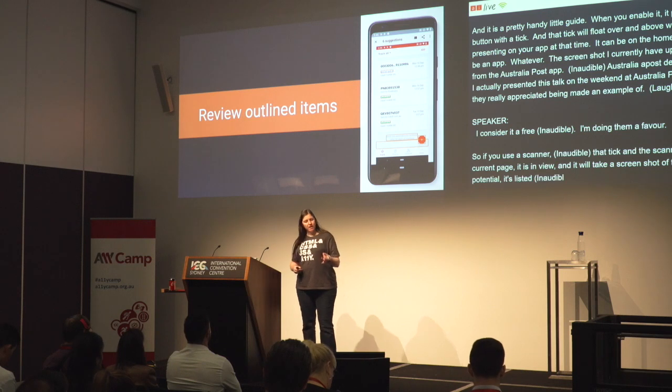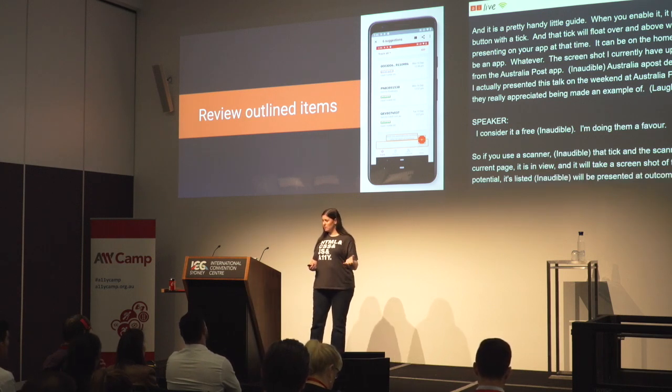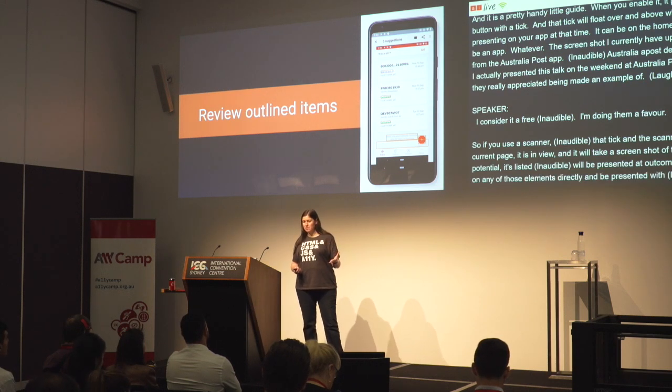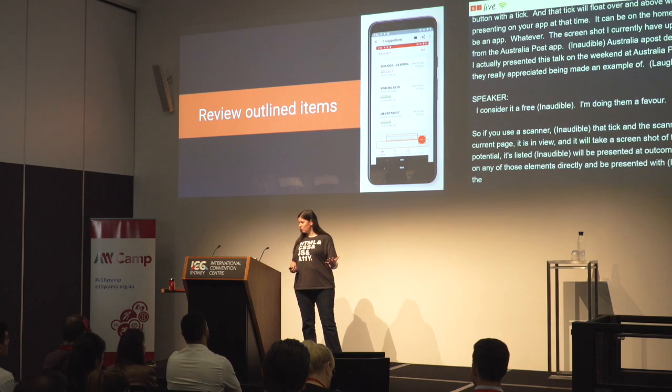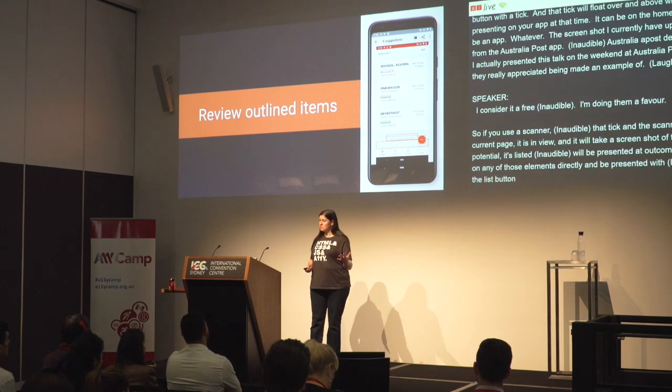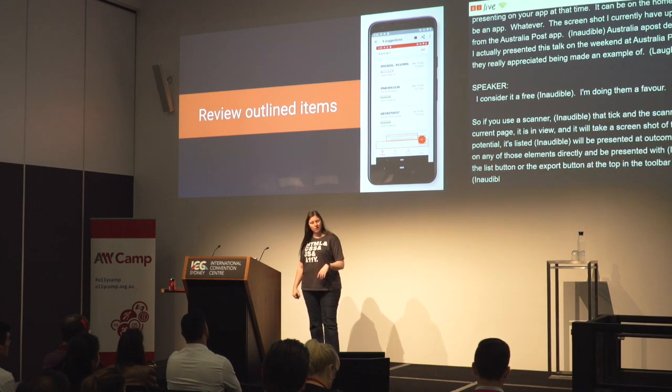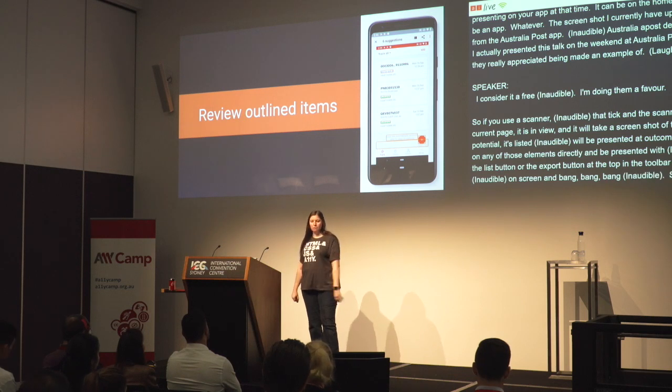And you can tap on any of those elements directly and be presented with the issue details. Or you can tap on the list button or the export button at the top in the title bar, and it will present either the list of issues on screen, bang, bang, bang, and you can work your way through them nice and systematically, or you can export them out to an email or a document and check them all out there.